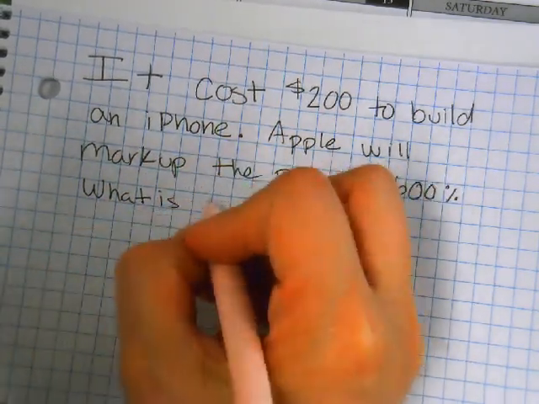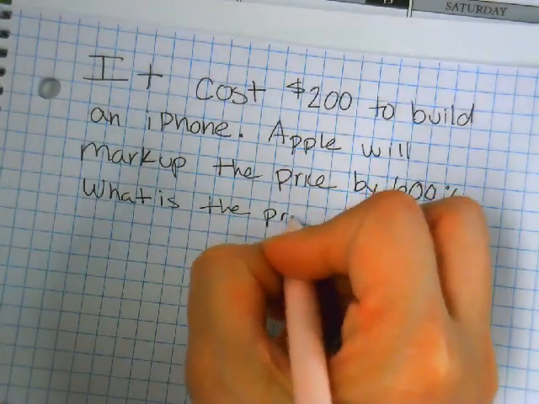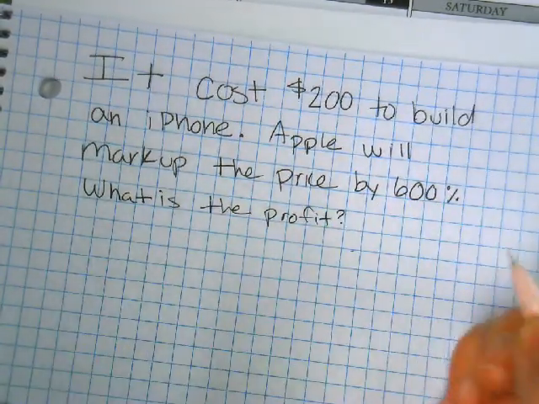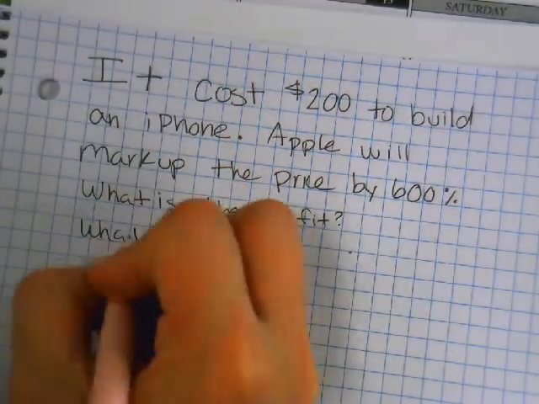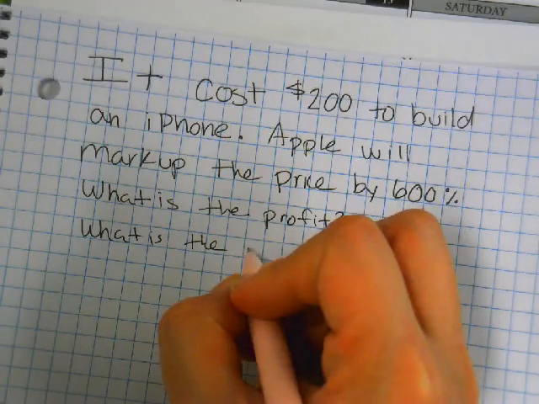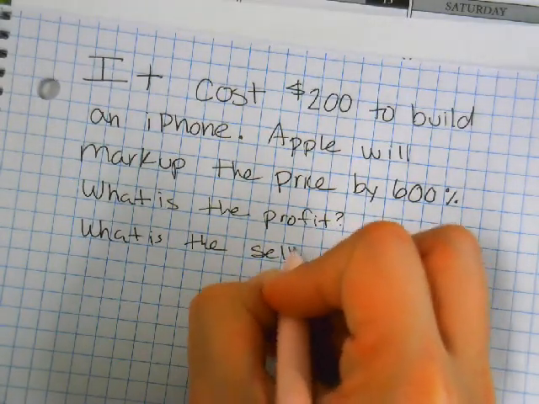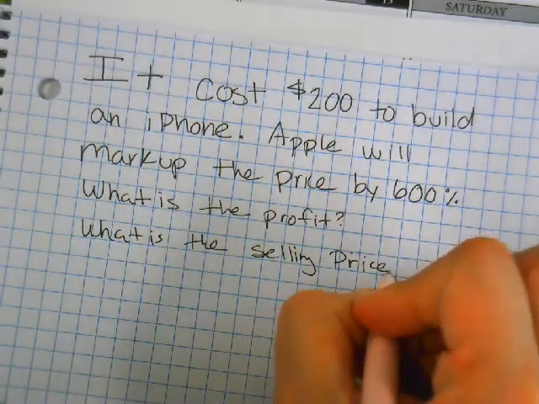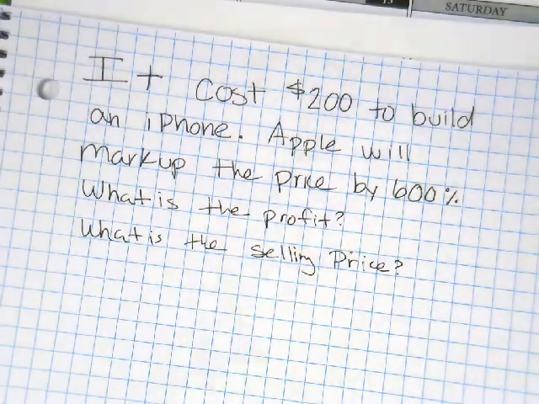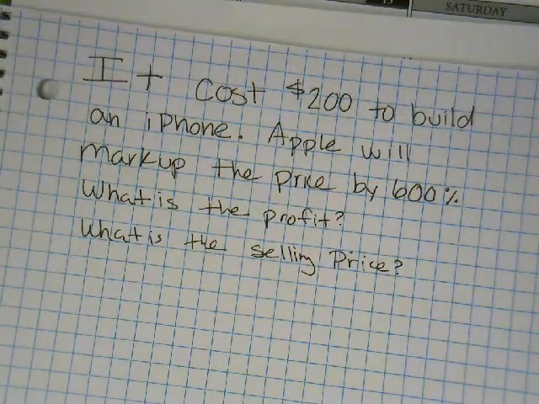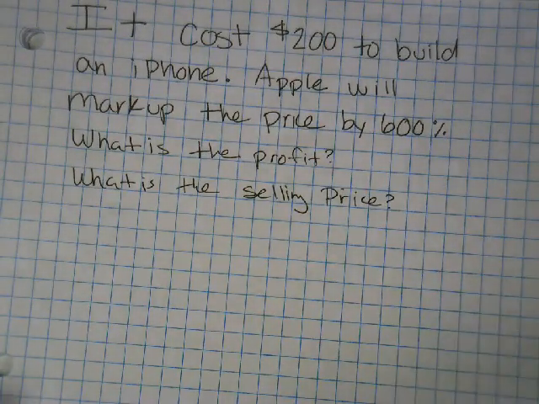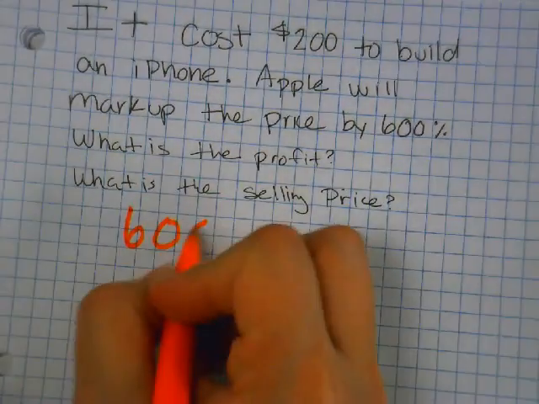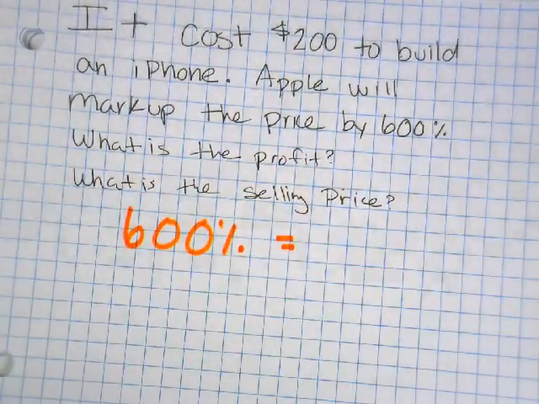What is the profit? What is the selling price? This will be the longest one we write. Okay, good. The hardest part is changing 600% into a decimal.